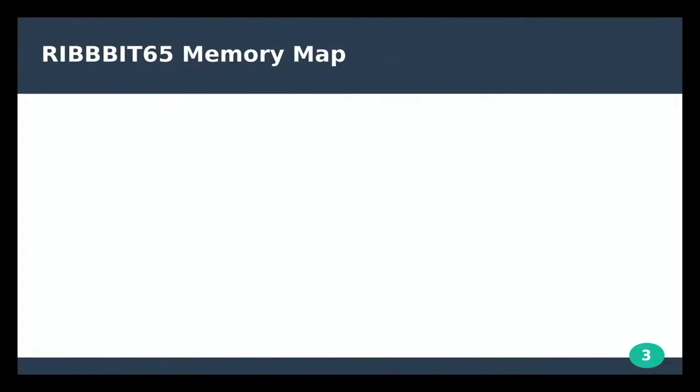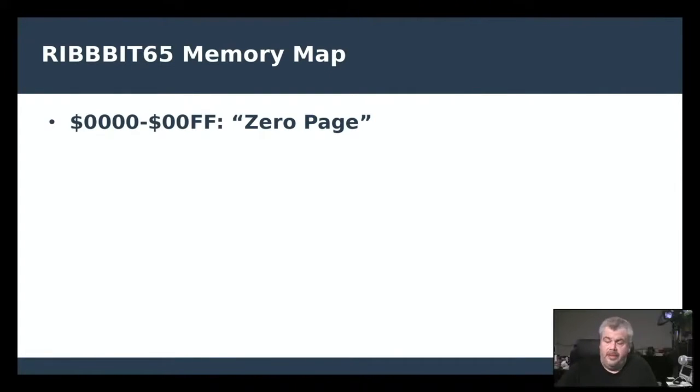So let's talk about the RIBBIT65 memory map. This closely follows Ben Eater's memory map. The first 255 bytes are what's called zero page, which is a function of the 6502.